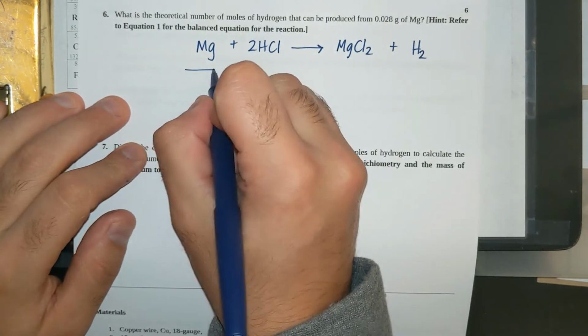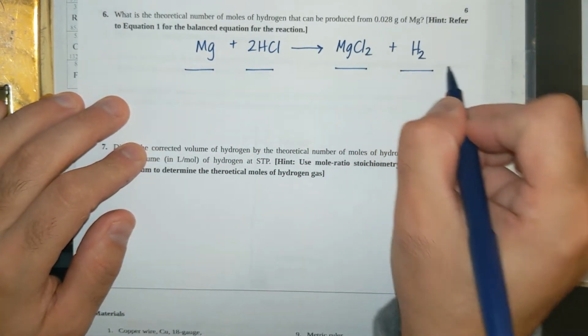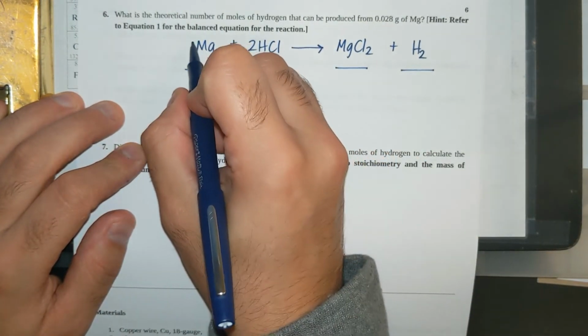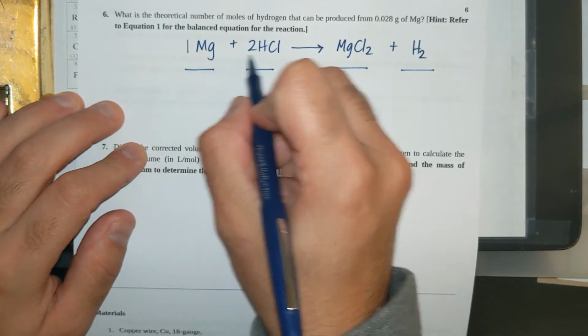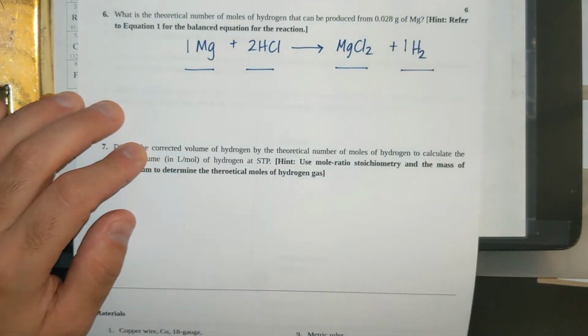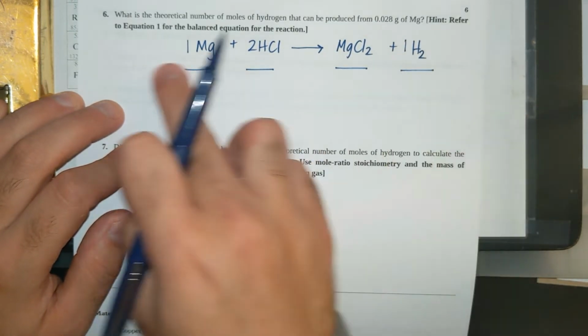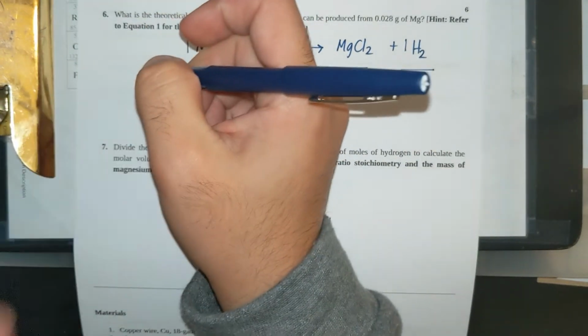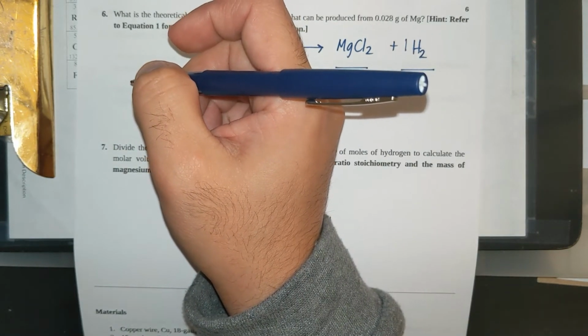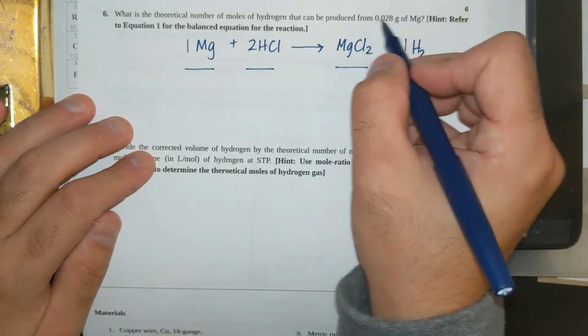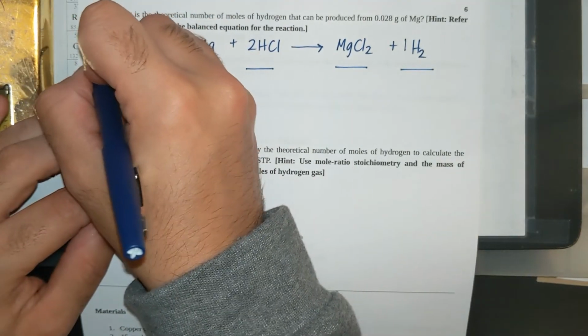But don't forget that I could do a BCA table, or however you want to do it. It looks like for every 1 mole of magnesium, I get 1 mole of H2. So my moles of magnesium are going to be equal to my moles of H2 according to this balanced chemical equation.